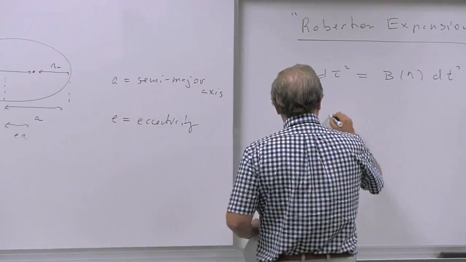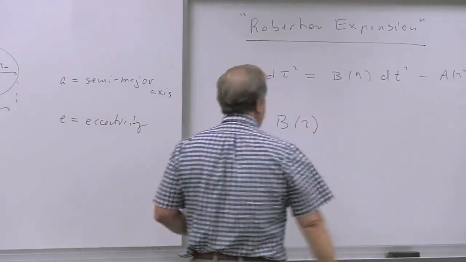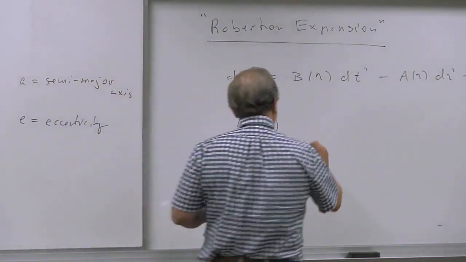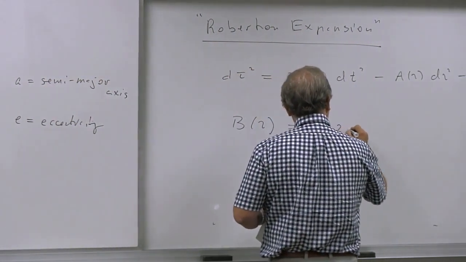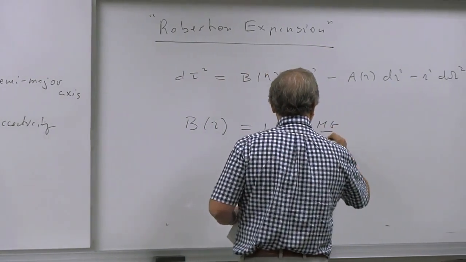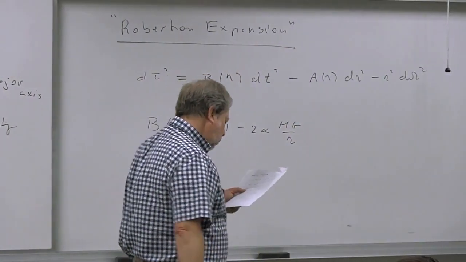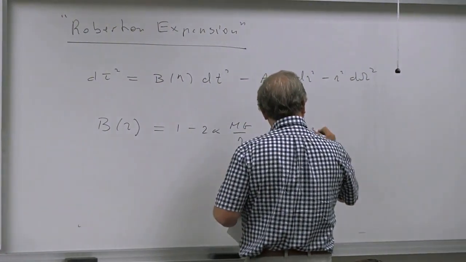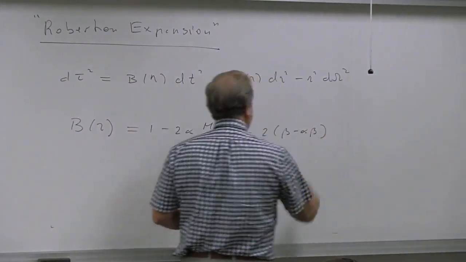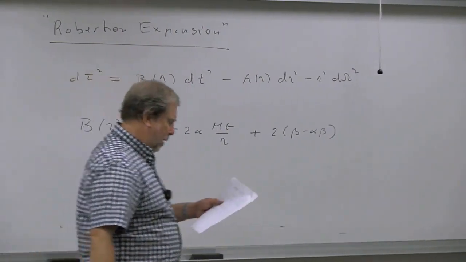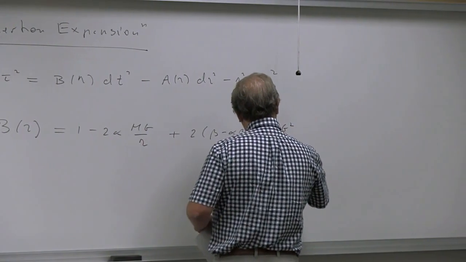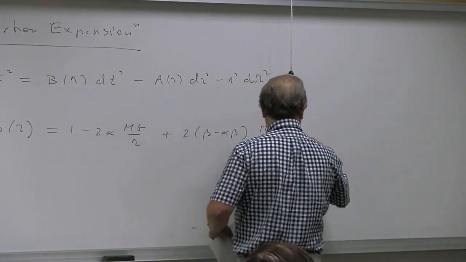But maybe we should write it in a slightly more general form. So let me write B of r as 1 minus 2 alpha times mg over r, plus (2 beta minus alpha gamma) times a correction, which is m squared g squared over r squared, plus dot dot dot.